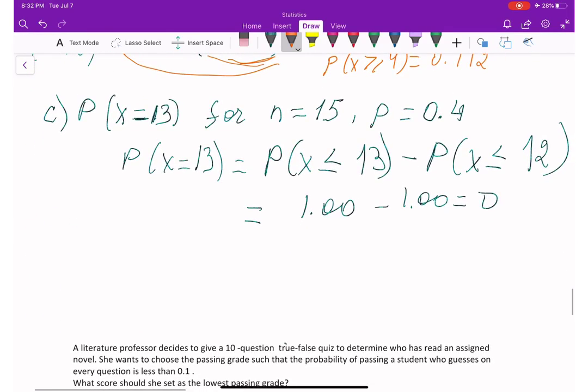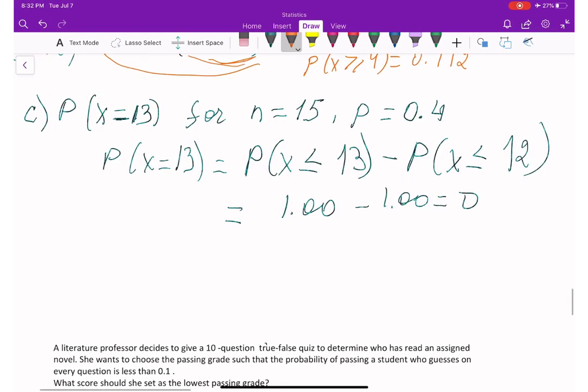Moving to question number 13. Since the table shows only for less than or equal, but in this case we have exactly equal: x is equal to 13.